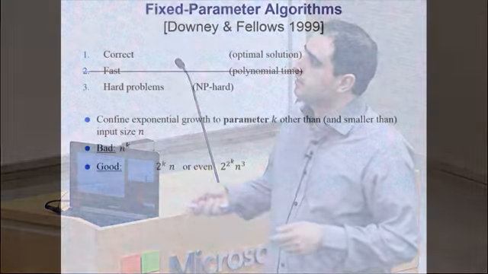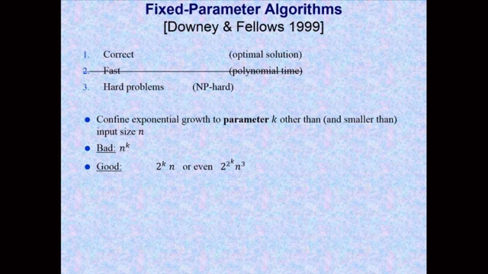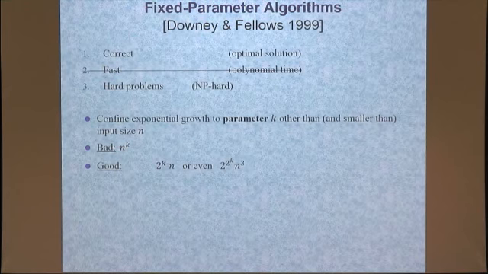The other thing that you can cross out is the fastness. Again, we cannot tolerate having no conditions on that. But we don't want an algorithm like n to the k. Usually if you have a problem like vertex cover of size k, for example, or dominating set of size k, you can just guess these k vertices and then try all things.